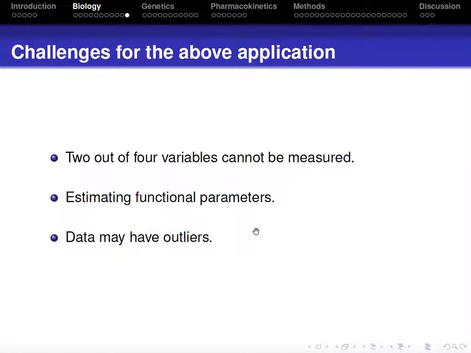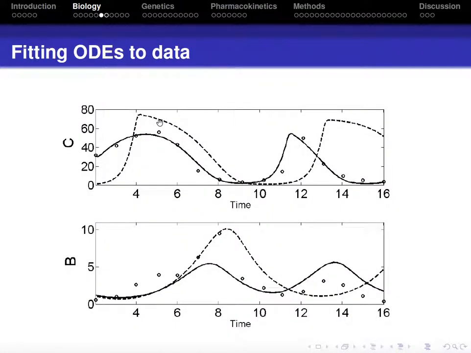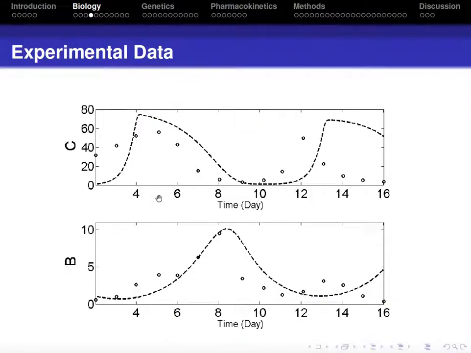Okay, so this is one challenge for this application. Another challenge is that you can see here the ODE solution has four components, four variables: N, C, R, and B, right? But in the laboratory, only the two variables C and B can be observed.